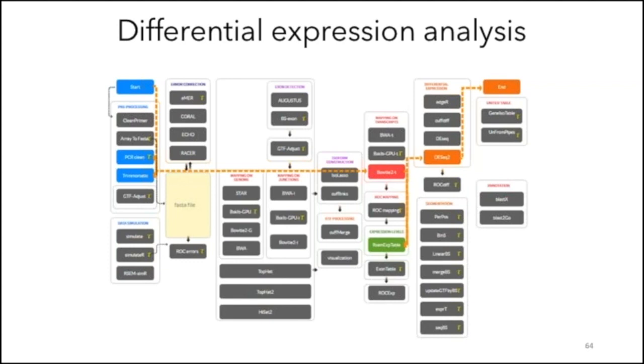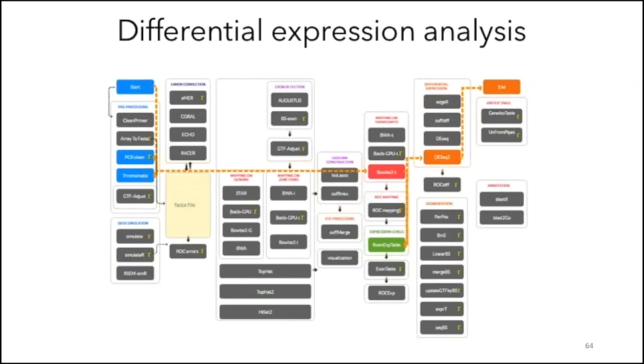What are we going to do? We're going to do pre-processing again: Trimmomatic to remove the adapters, PCR clean to remove the duplicates. Then we're going to map to transcripts, so we're not going to be looking for new isoforms or anything like that. We're going to generate an expression table, and then from there we're going to use DESeq2 or edgeR to do differential gene expression.